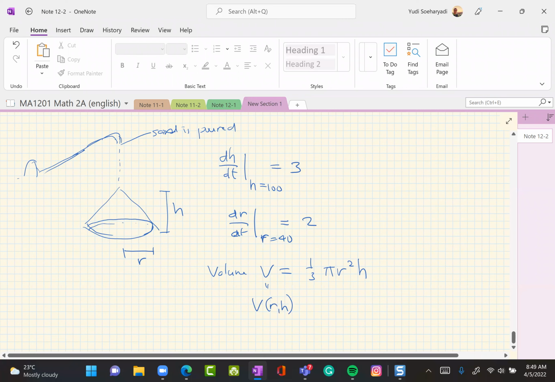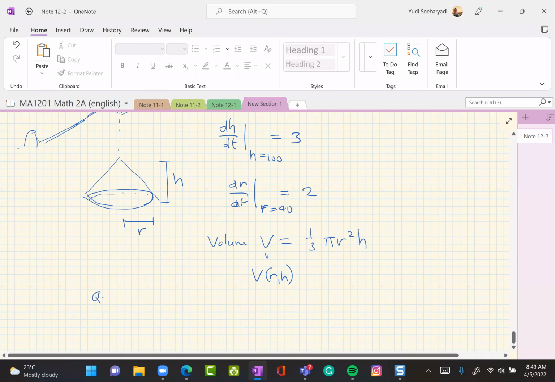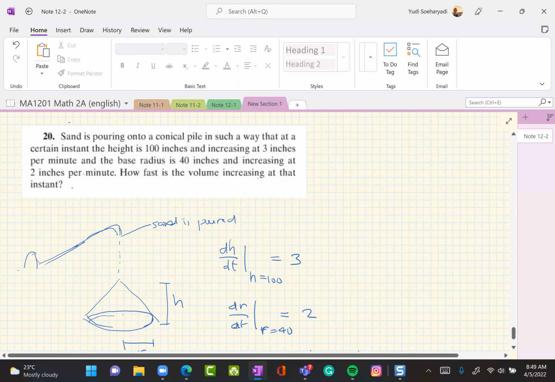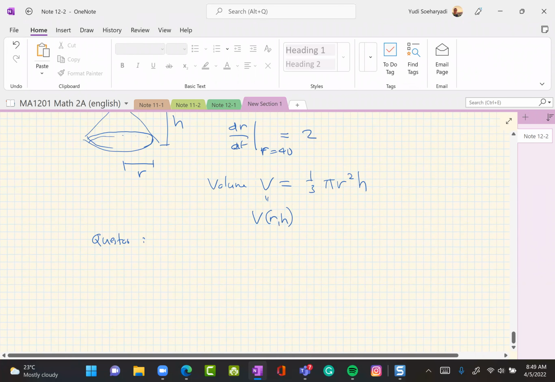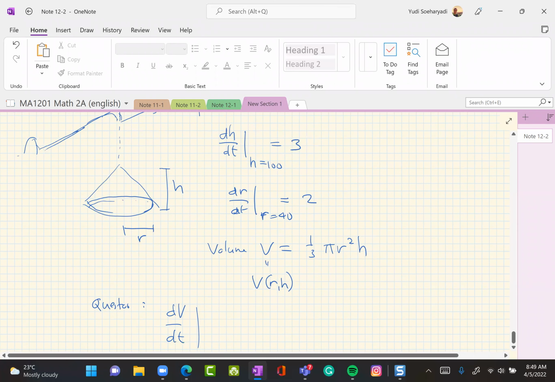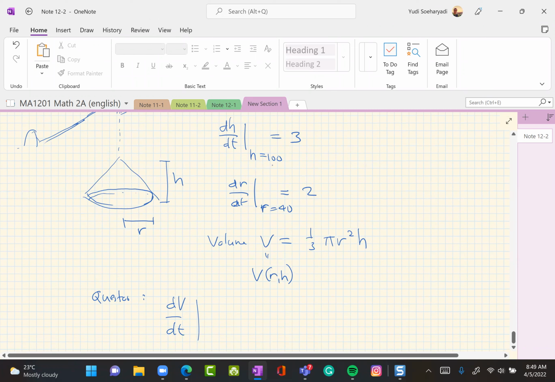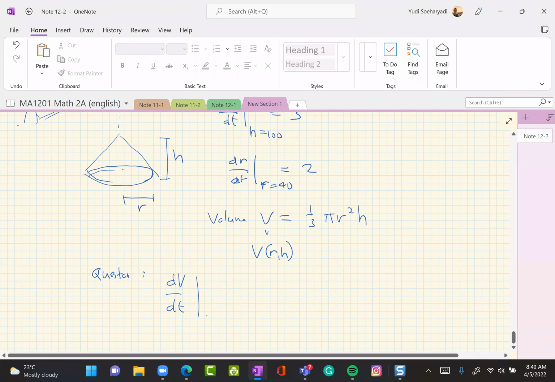The question is how fast is volume increasing at that instant. So dV over dt when h is 100, r is 40.